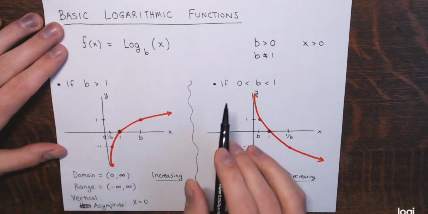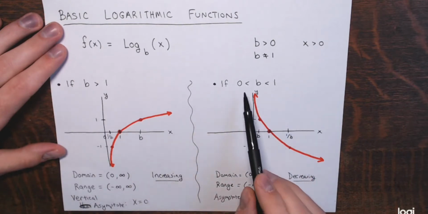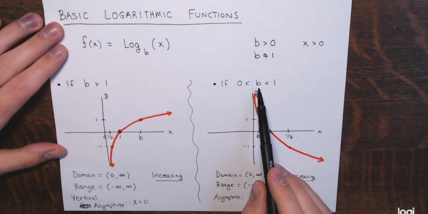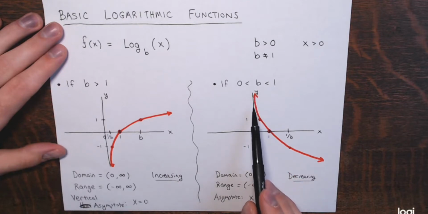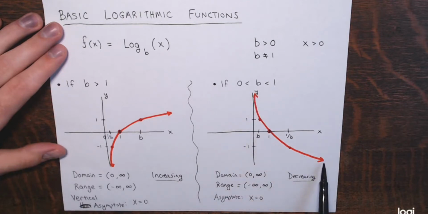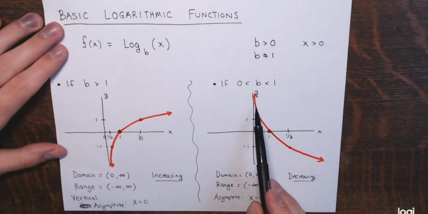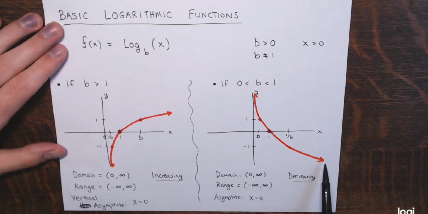And in the other case, if the base is between 0 and 1, right, like a half or 2/3 or something, then you have a function that looks like this. And this is a decreasing function. As you increase the input, the output will decrease, go down forever.